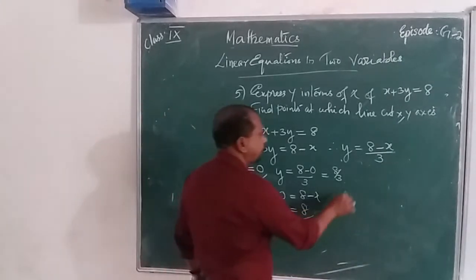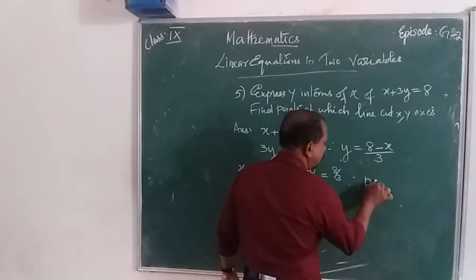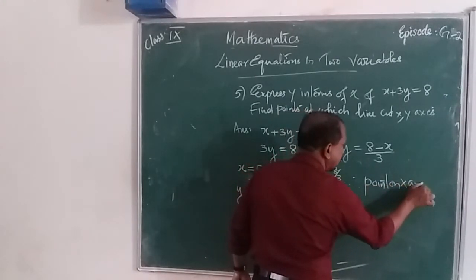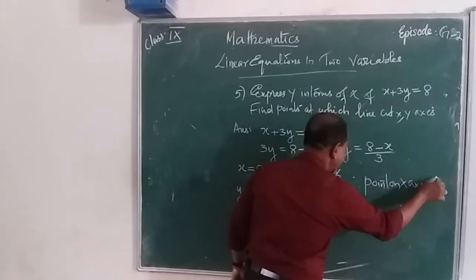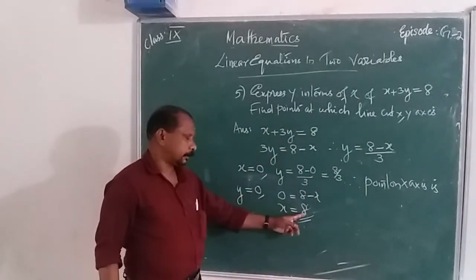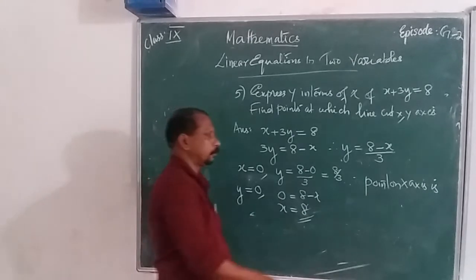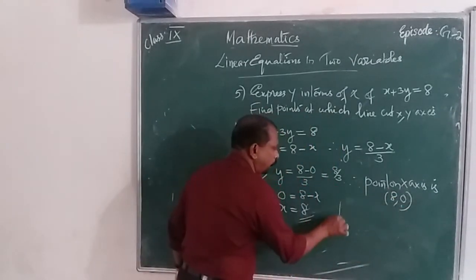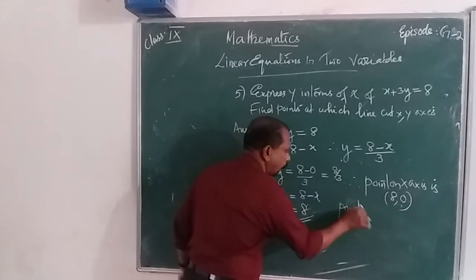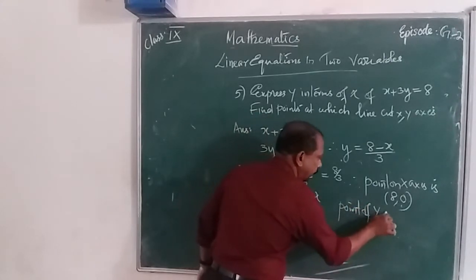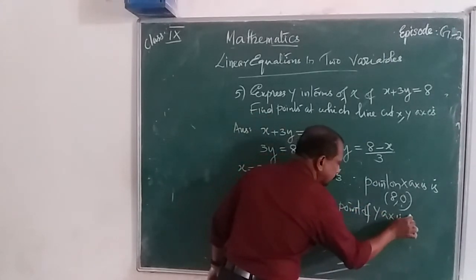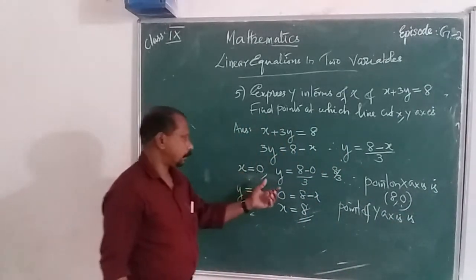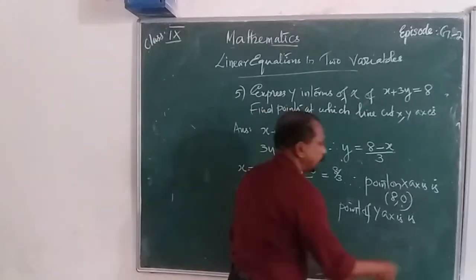Therefore, the point on the x-axis is (8, 0). The point on the y-axis is, that is x is 0, so the point is (0, 8 by 3).